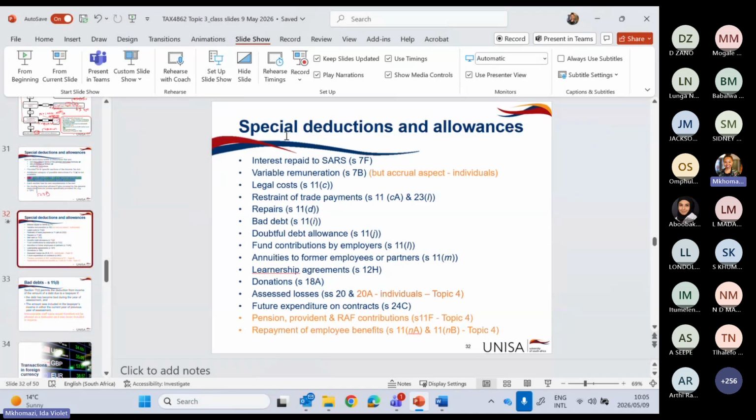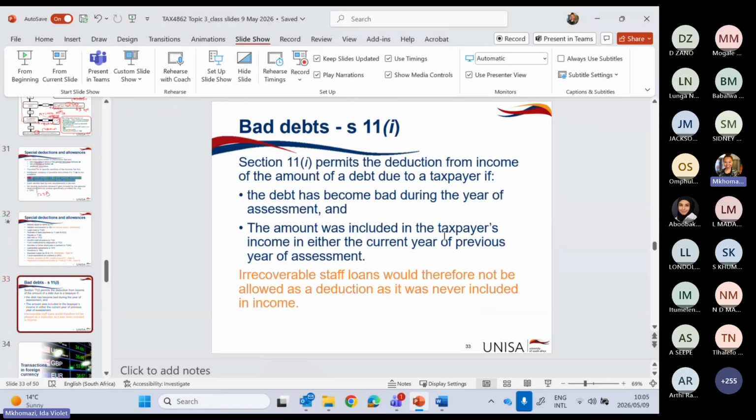Then this slide is basically just a summary or a list of all the special deductions that are in your syllabus. So please ensure that you have flagged them, you have highlighted them in your legislation. Now, in the question, we have correctly ascertained that 11I is applicable because we are dealing with bad debts.